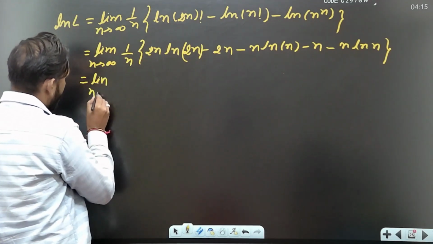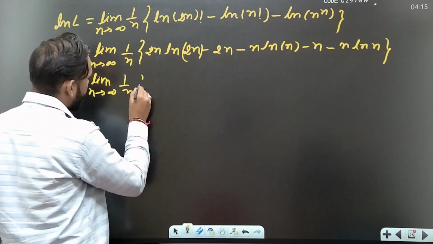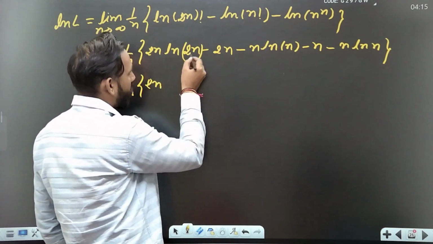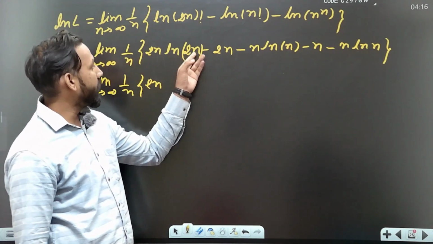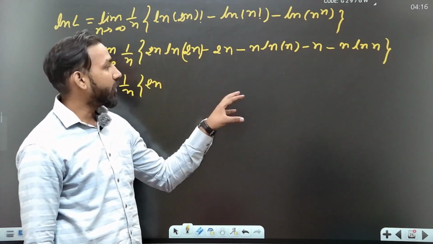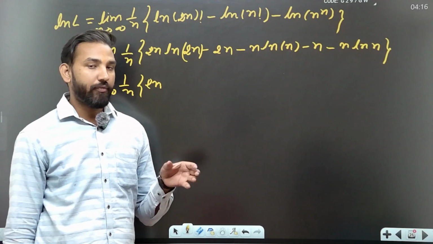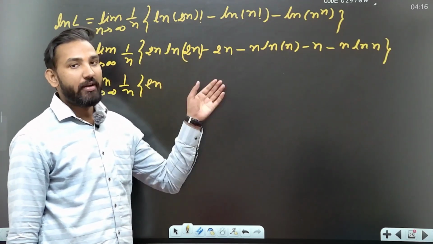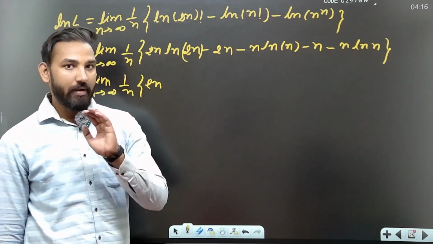Now again, limit n tends to infinity 1 over n, this will be 2n, right? And this also again we can write as 2 into n, right? And we apply here the m into n formula of log, and what is it? If ln mn, then we can write ln mn equal to ln m plus ln n, right?